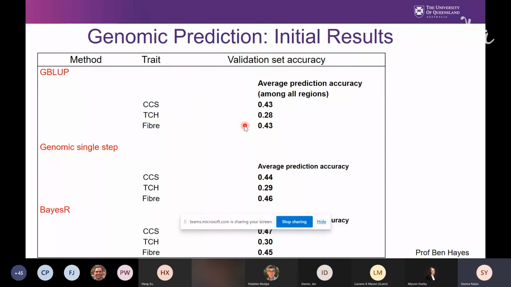If you see here, fiber is a highly heritable trait, and its prediction accuracy is much higher than CCS and TCH. TCH is the lowest heritability trait. The prediction accuracy depends upon the heritability of the trait, so with low heritability, we always expect low prediction accuracy.